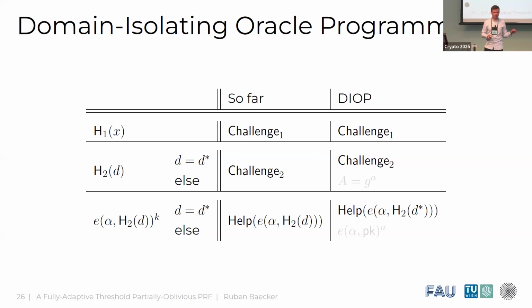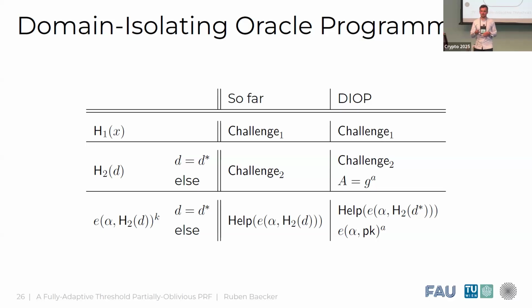But for all other domains, we inject the trapdoor, so we return group elements that we know the discrete logarithm for. Now for the exponentiation, we can evaluate the bilinear pairing on the blinded input and the public key, which is like raising it to k, and then raising it to a to obtain the correct solution.